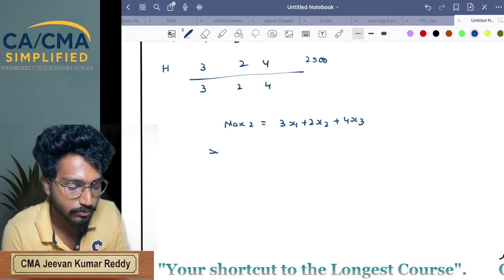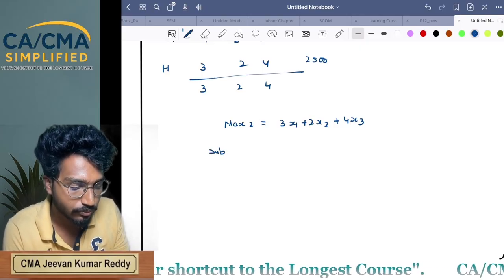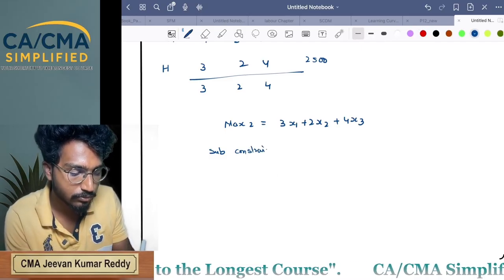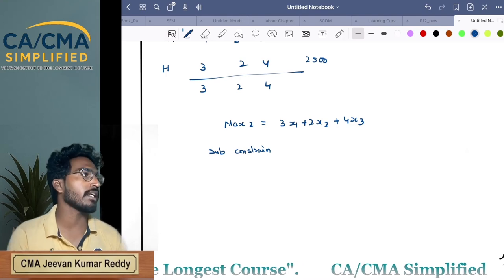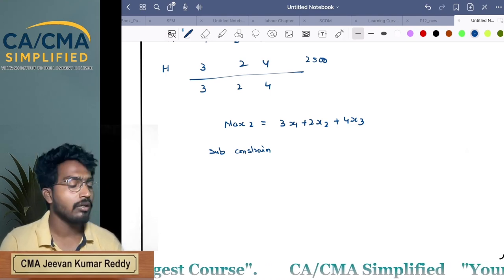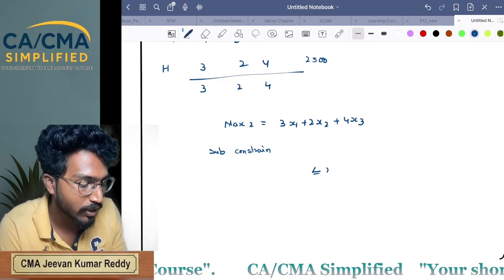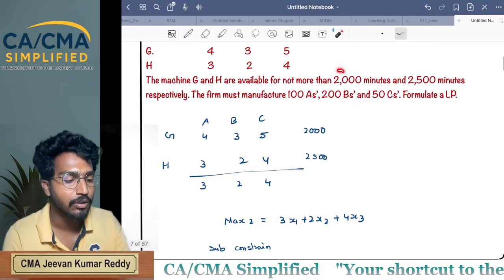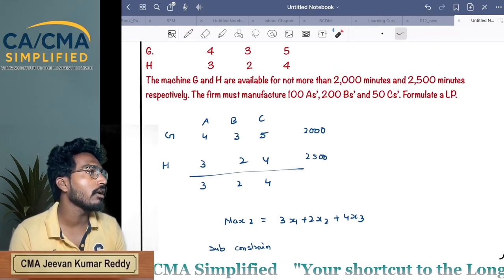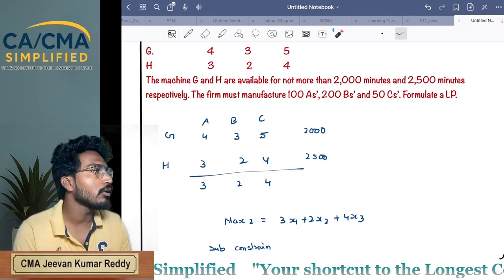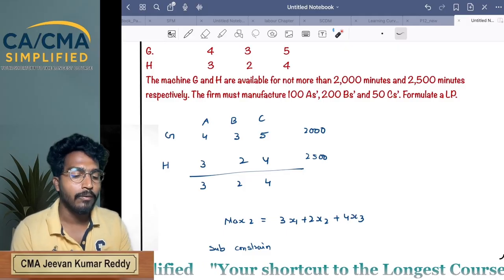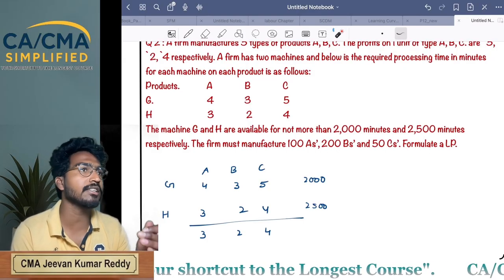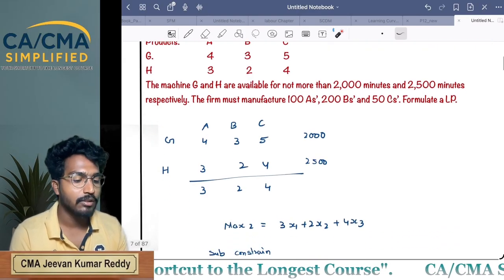Subject to constraints. What is the first constraint? We have only 2000 minutes of G. G machine is available for how many minutes? 2000 minutes. You can't use the G machine for more than 2000 minutes. So for A, how many minutes of G are consumed?